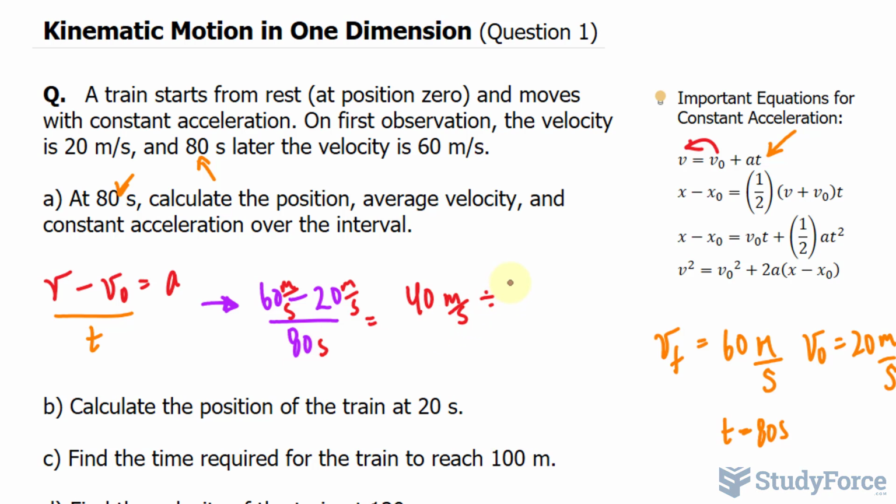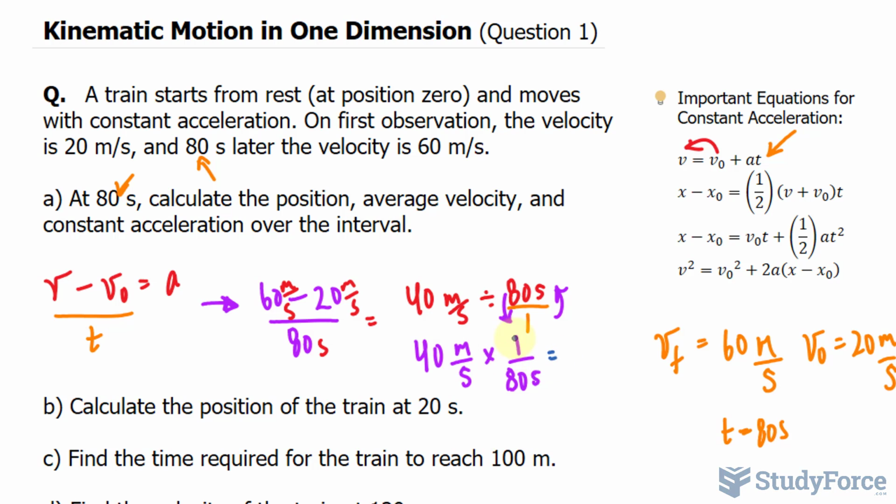So we're dividing by 80 seconds. Now, if we're dividing by 80 seconds, that's the same thing as 80 seconds over 1. So we flip this, and we get 40 meters per second multiplied by 1 over 80 seconds.